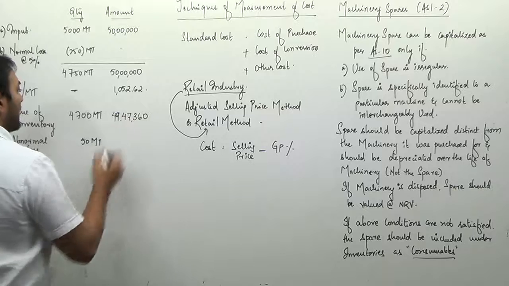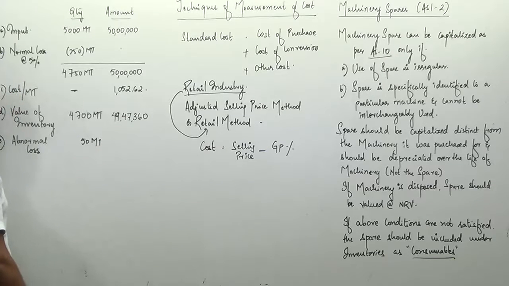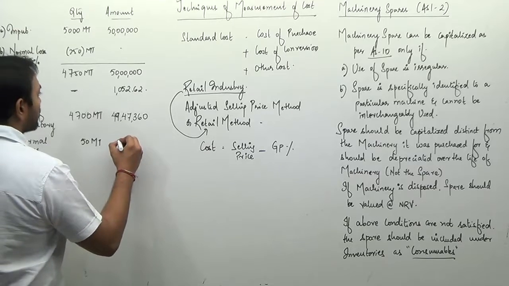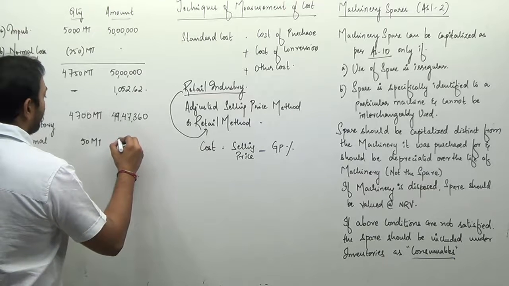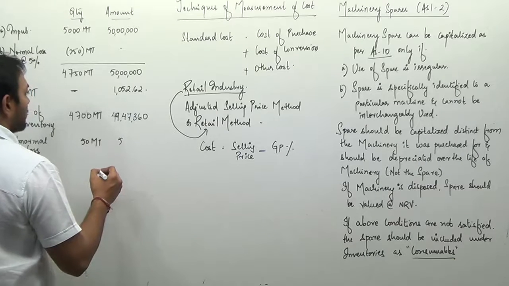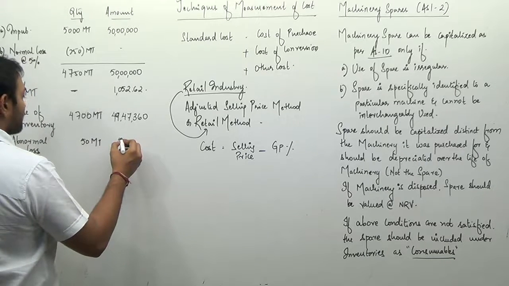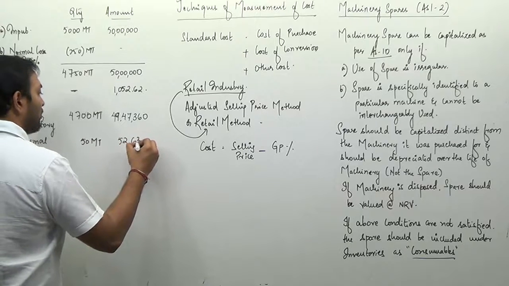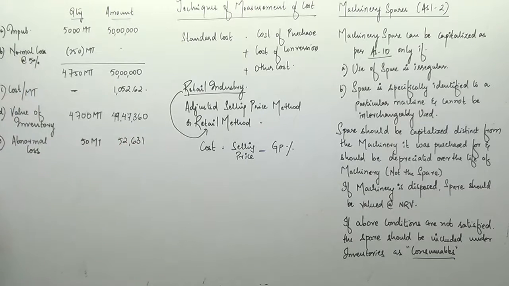It is 49,47,360, the value of the inventory left out, and the abnormal loss should be 50,250, I guess. $52,631 is the value of abnormal loss.